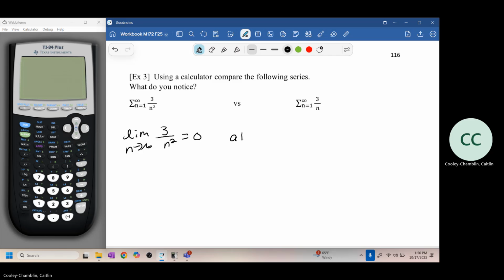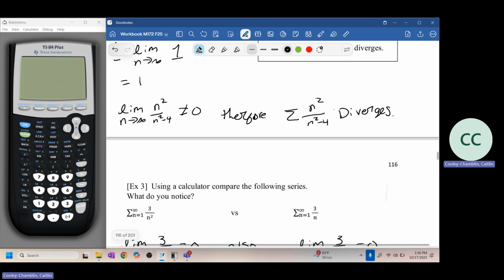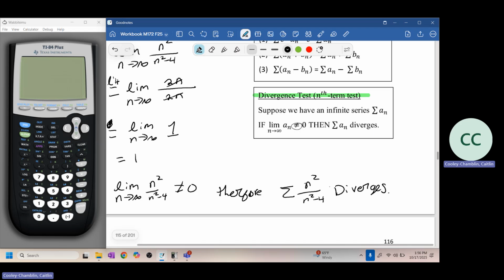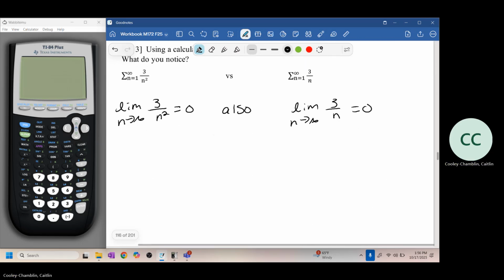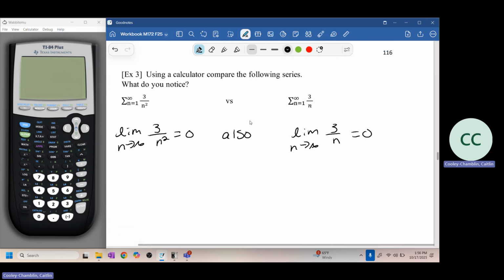Also, the limit as n goes to infinity of 3 over n is also 0. Most people like to say, because of this test, that they converge. That is not what this test says. This test says if it doesn't go to 0, then it diverges. So let's look at these.